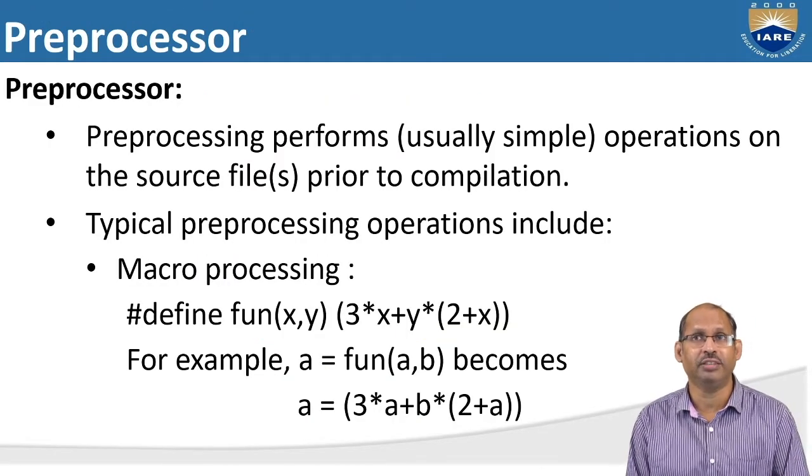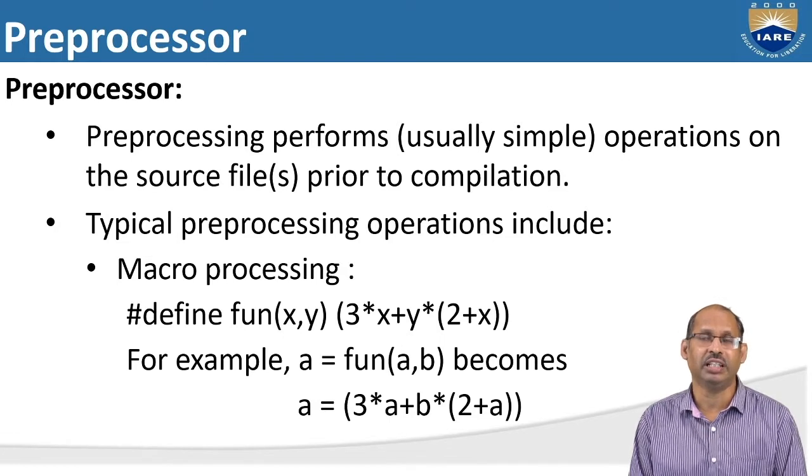Preprocessing performs operations on the source file before the compilation. This is one example of a preprocessor operation. We are defining fun of x comma y. Wherever you say fun of a comma b, it will be replaced with the replacement statement.